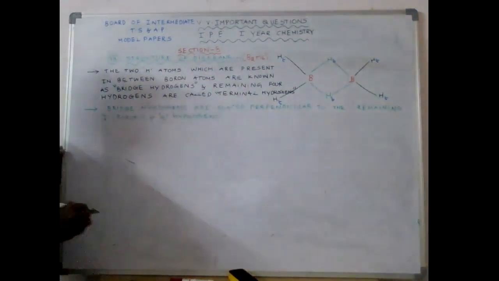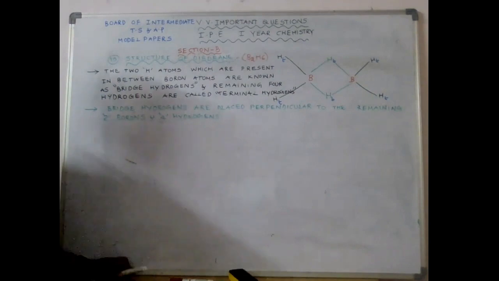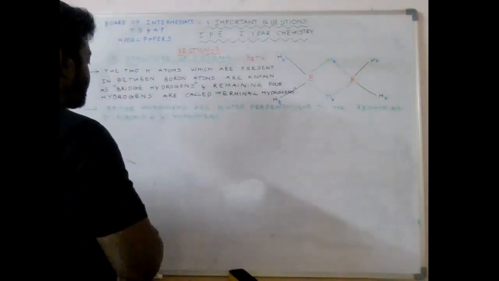Try to understand that. Two boron atoms and four terminal hydrogens are all present in the same plane, but the two bridge hydrogens are both perpendicular to this plane. One is lying above the plane, that also we will write.